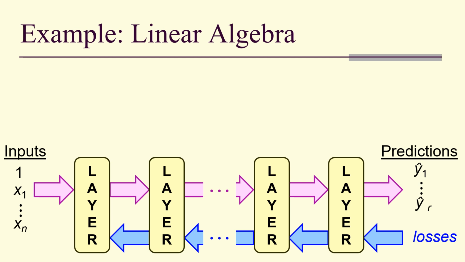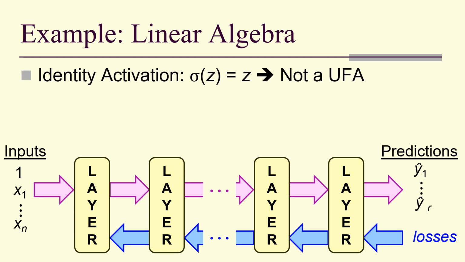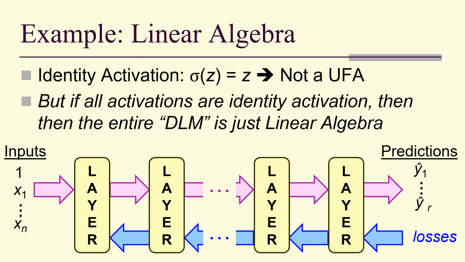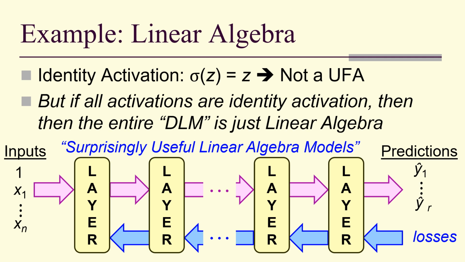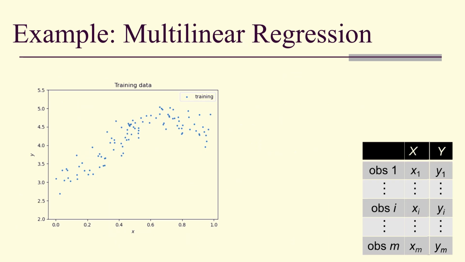For example, linear algebra. If we do identity activation, this is not a universal function approximator, but if all the activations are identity activation, then the entire deep learning model reduces to just a linear algebra model. Surprisingly useful linear algebra models, very often the starting point for other things that we do. For example, multilinear regression.